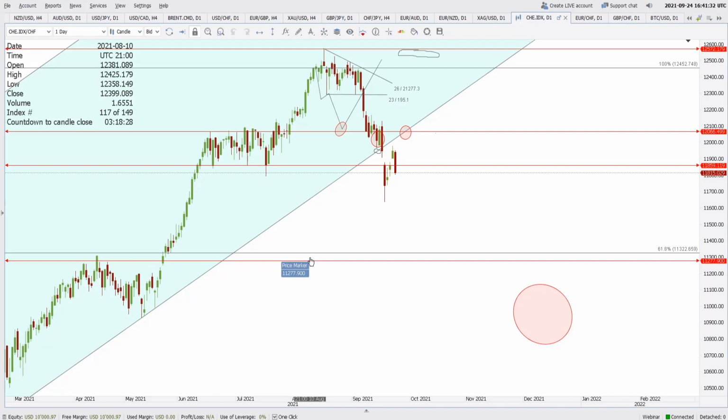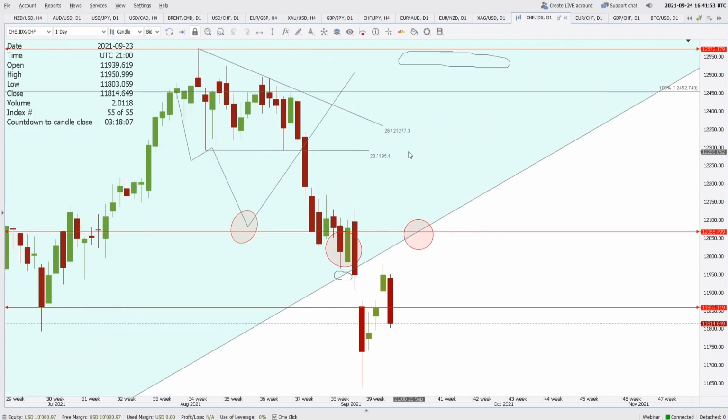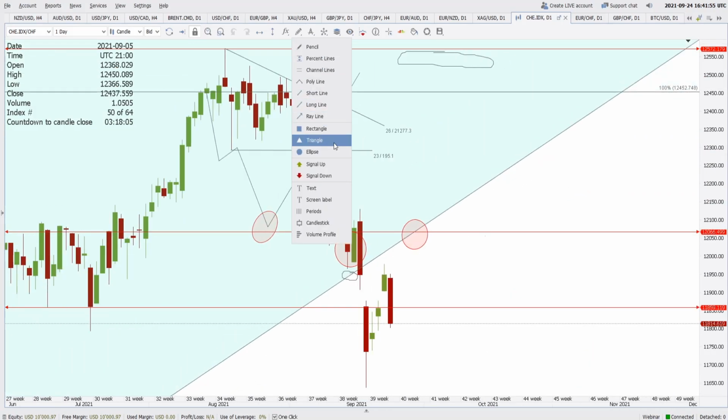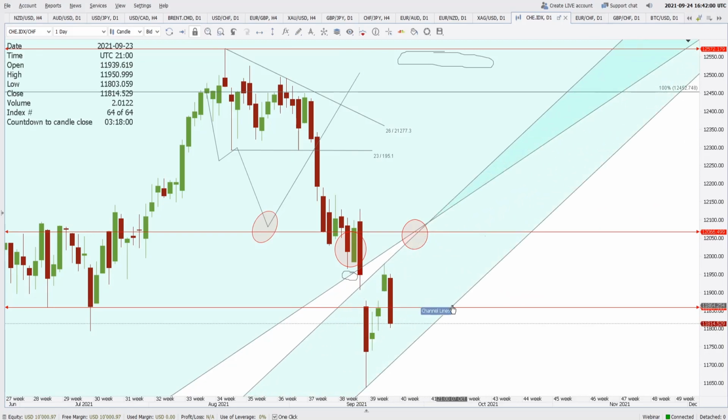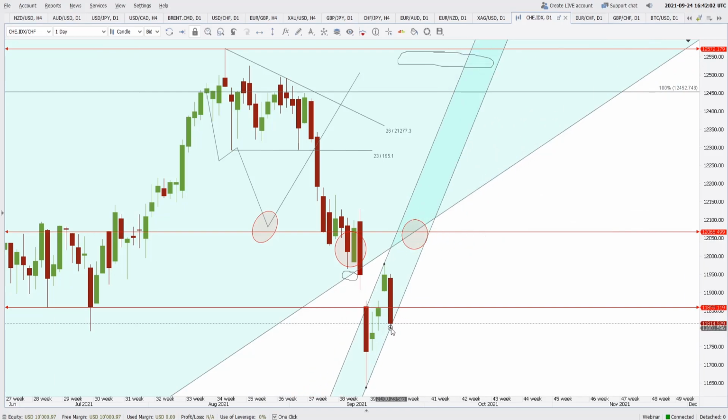So we have the Switzerland index. This index had closed below this rising channel's support, and we have already marked a resistance level of 12,066. This is a level where I think opening a sell position will be recommended. Or what we can do here is make a channel, but for that we need a low to be formed.